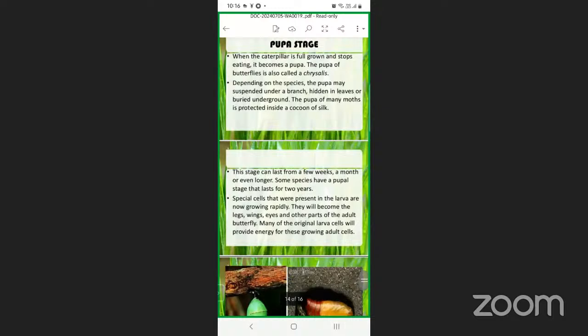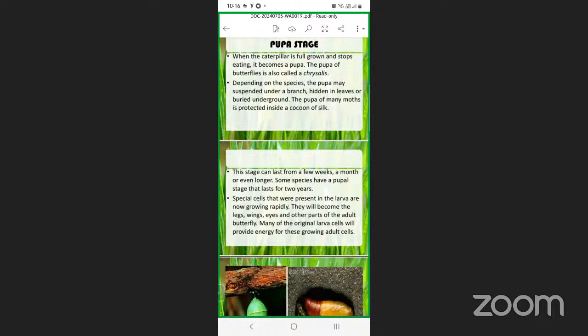This pupal stage can last a few weeks, sometimes only a few days, particularly in the silkworm, a few weeks in some, and a month or even longer in some other insects. Some species have a pupal stage that lasts for 2 years.